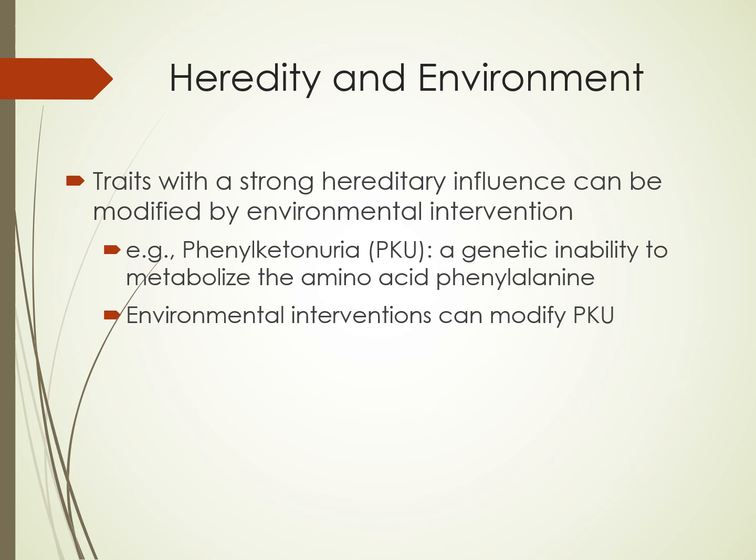So if I'm getting these 2 recessive genes, I'm going to have PKU, but environmental interventions can modify that expression of PKU, of the phenylketonuria. I am going to have that regardless, but if we know that someone has it and we make sure they're not eating that amino acid in their food, the phenylalanine, they can live a relatively normal life.